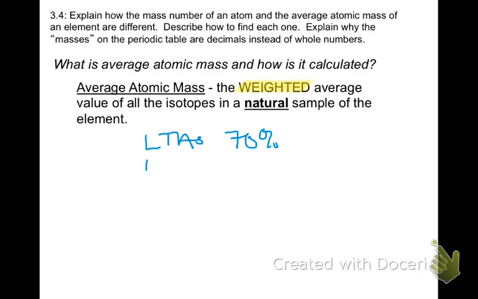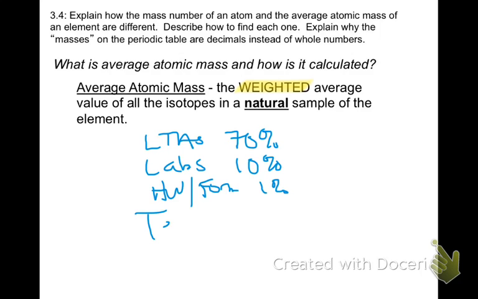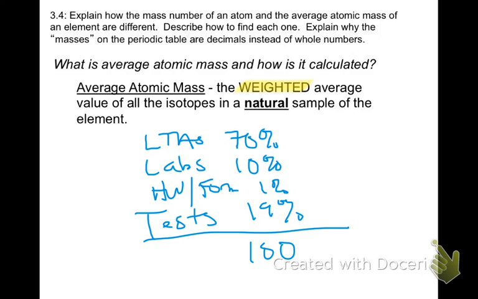And then you also have labs, which are weighted at 10%. Then you have homework, classwork, or formative assessments, which are worth 1%. You have unit tests or midterms that are worth 19%. So altogether, that represents your entire grade.